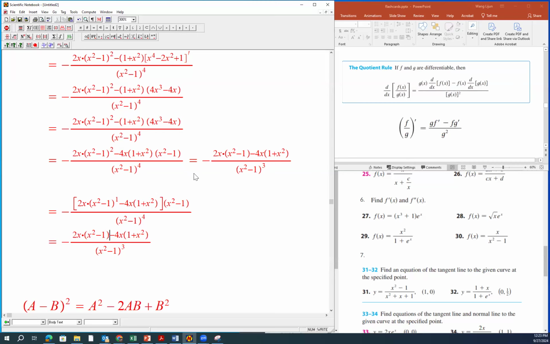And then what? This time we can distribute and simplify. So 2x times x squared minus 1, that's 2x multiplied by x squared and 2x times 1. And 4x is going to multiply the 1.